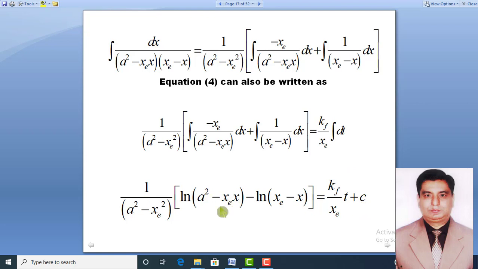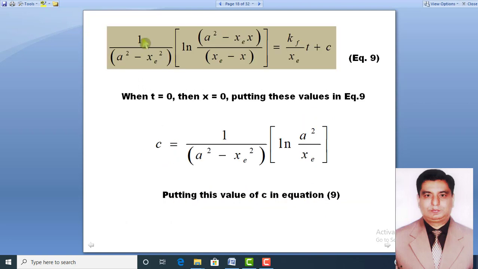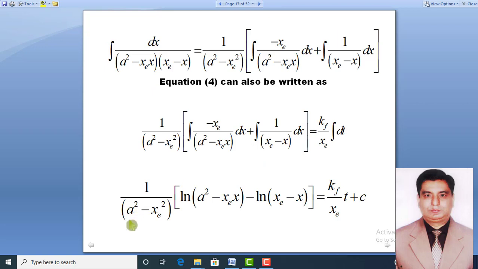According to the rules of integration, this equation can be written as 1 over a² − x_e² into log natural (a² − x_e x) minus log natural (x_e − x) equal to k_f over x_e into t plus c. C is the integration constant.